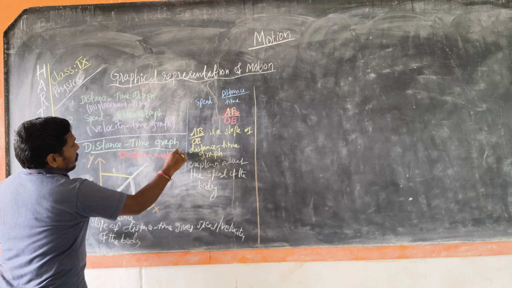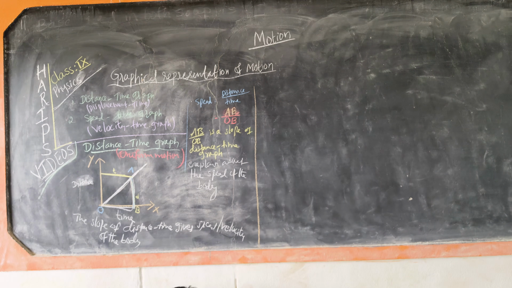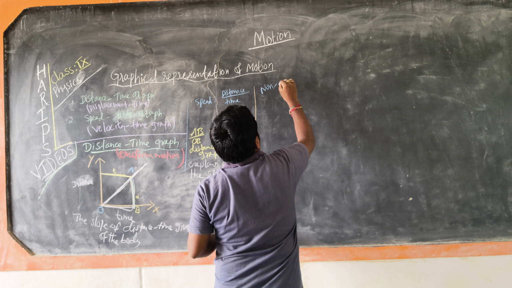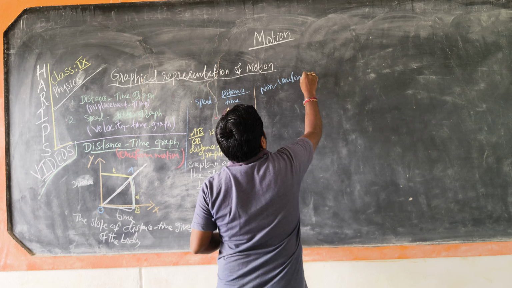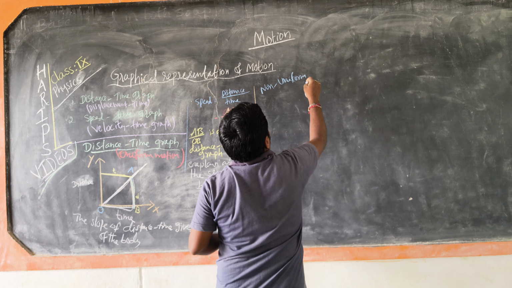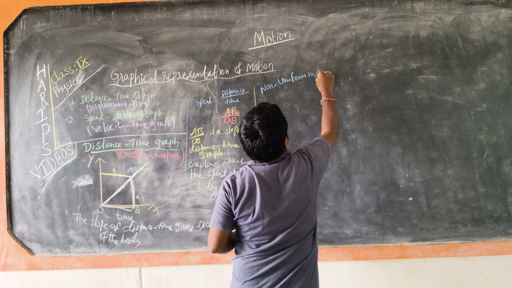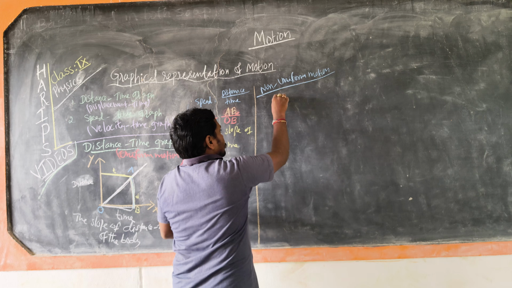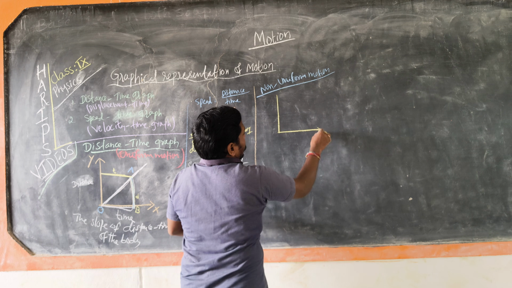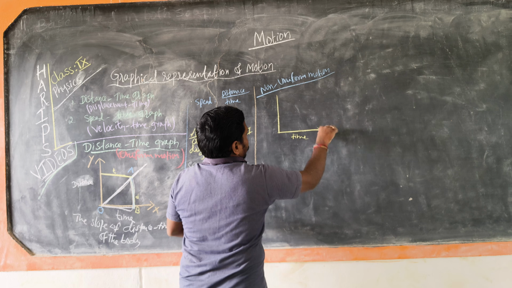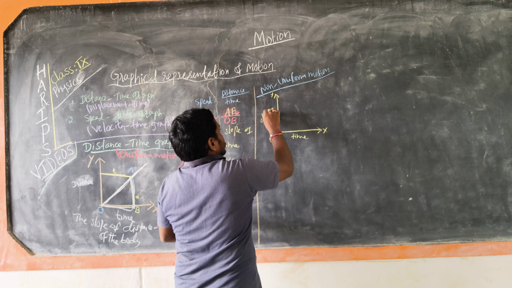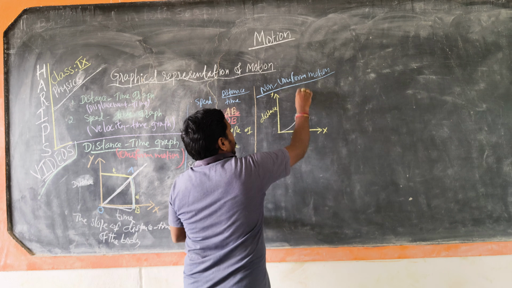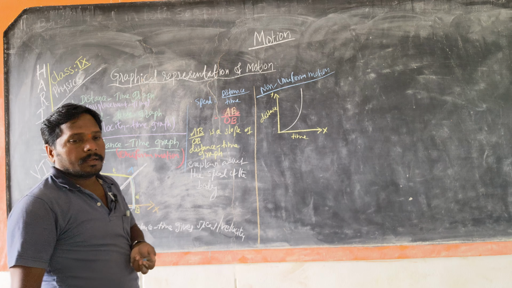For non-uniform motion, let us draw the graph. As usual, the x-axis is time and the y-axis is distance. So we get a curved line.